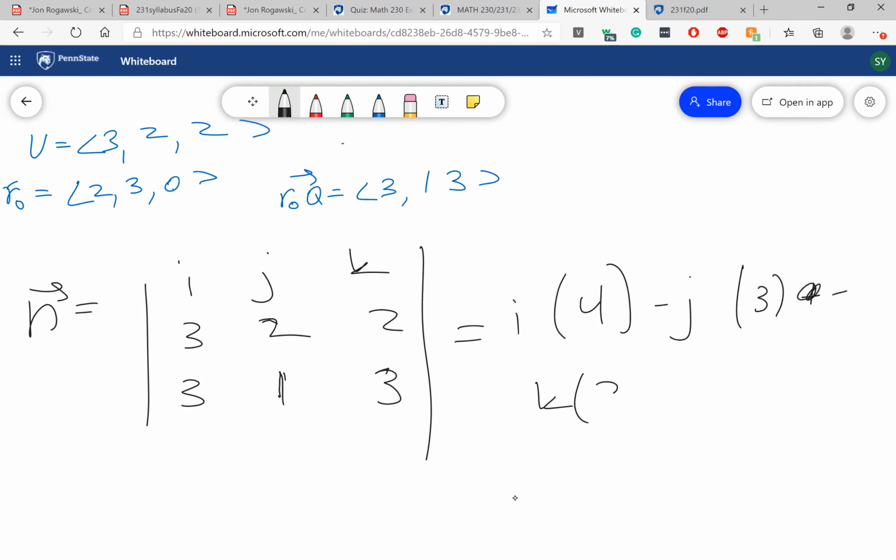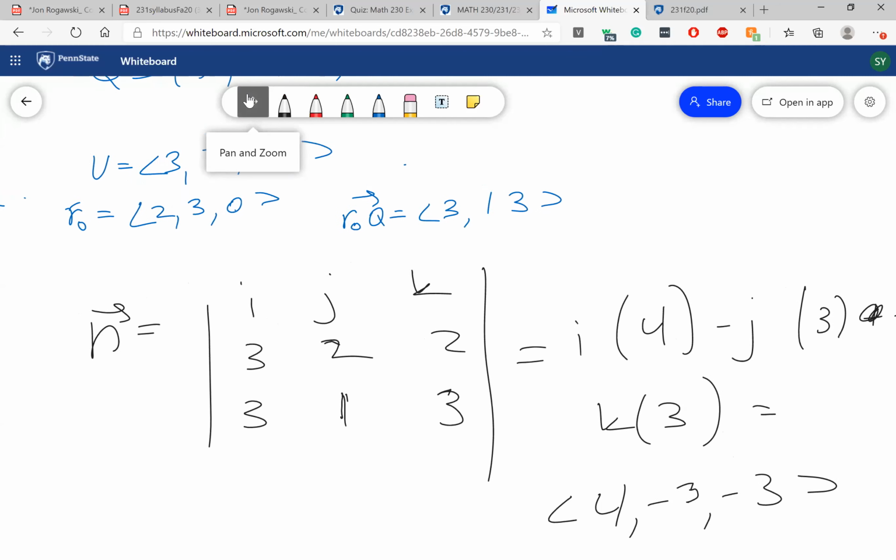So my vector is 4, negative 3, negative 3. Okay, so this is my normal vector.